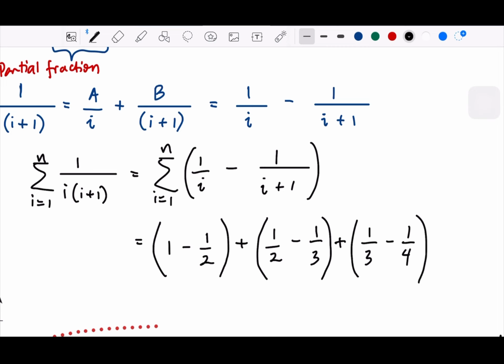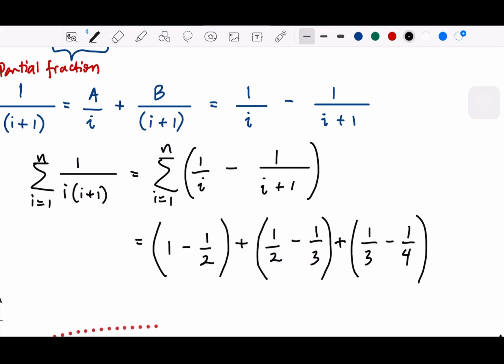Okay, you'll see the pattern. See the pattern? Half cancelling, right? 1 over 3, 1 over 3 cancels, right? And you could imagine that we are going to calculate until some n.